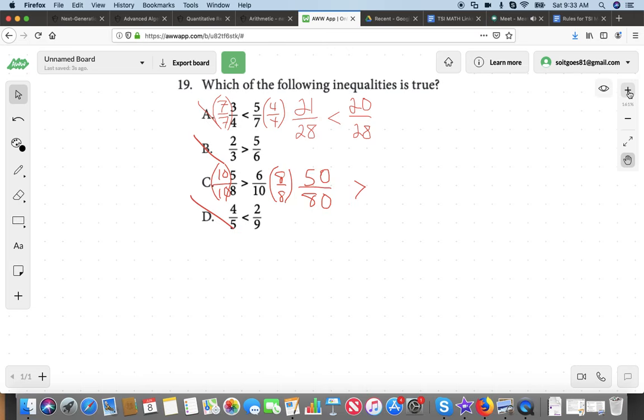What's 6 times 8? 48 over 80. Also really close. But which one's bigger? 5/8 is bigger, so we can confirm it is indeed answer choice C. Any questions about that? No, sir.